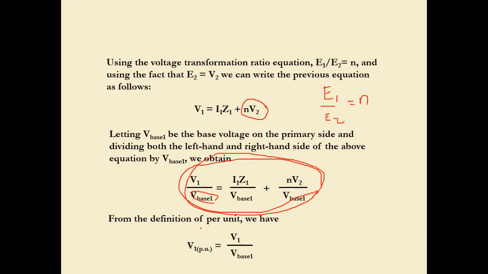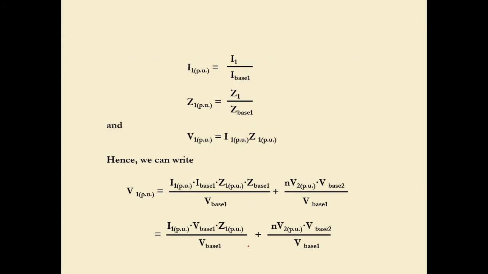From the definition of per unit, we have V1 PU equal to V1 actual over V base1. Similarly, for the second quantity, we have I1 PU equal to I1 over I base1, and Z1 PU equal to Z1 over Z base1, and V1 PU equal to I1 PU multiplied by Z1 PU.